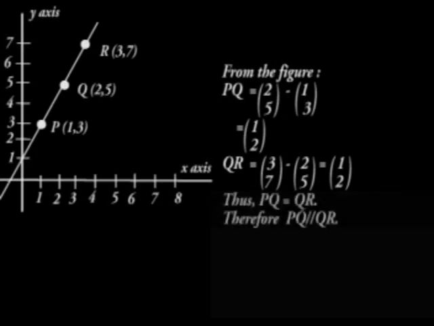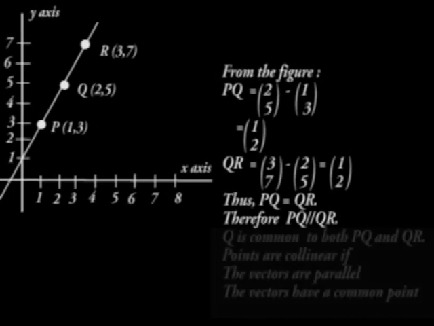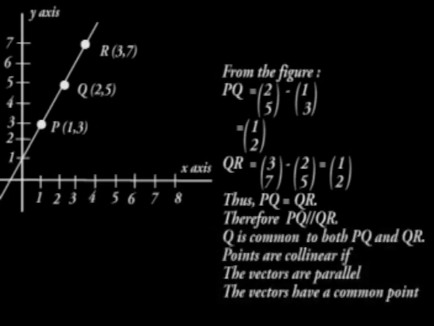Therefore, PQ is parallel to QR because PQ is a scalar multiple of QR, that is 1. Point Q is common to both PQ and QR. In general, points are collinear if the vectors are parallel and the vectors have a common point.